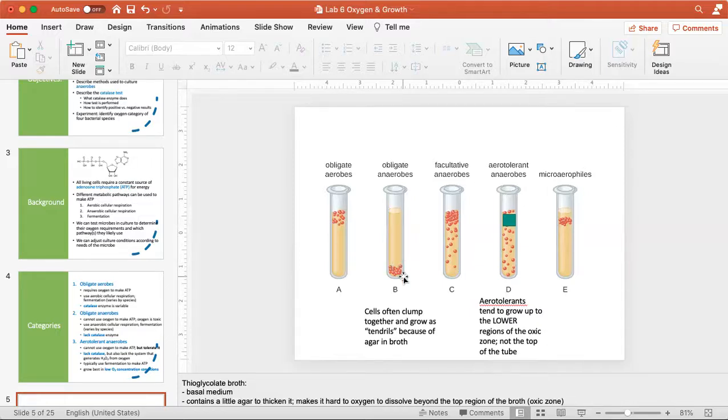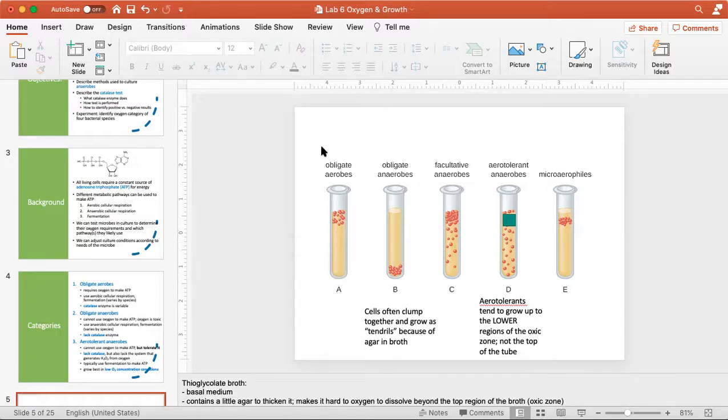Way down at the bottom of the tube, that is the anoxic zone. There's no oxygen down here. Everywhere else in the tube, we also refer to as being anoxic, even though there's a little bit of oxygen here. So lots of oxygen at the top 20%, then less and less and less until there's none.